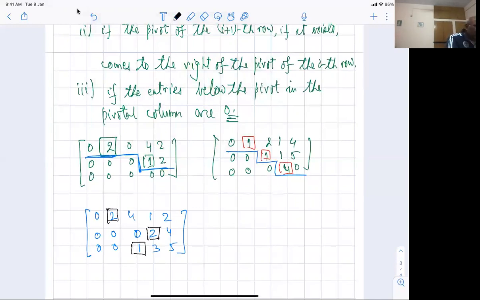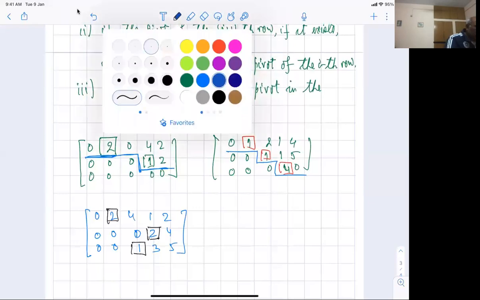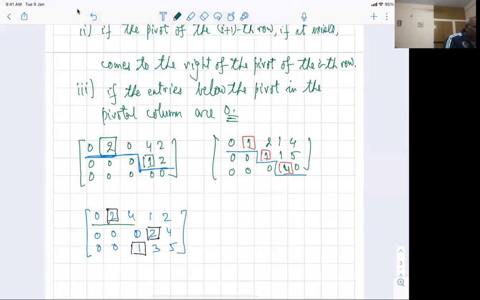But look at the presence of this thing here. So I am coming here, then coming here, but then from here I am going back here and things like that. All right. And so here I need to go back, so not a staircase. Pivots do not form a staircase. That's important. So let me write that.